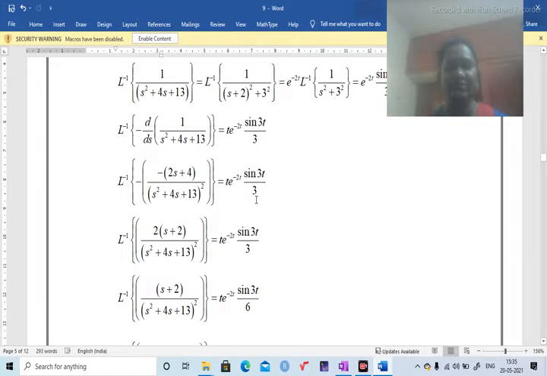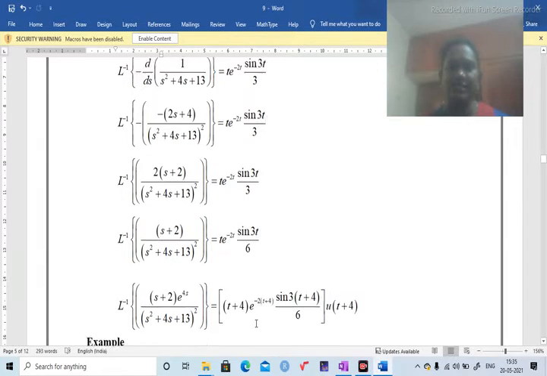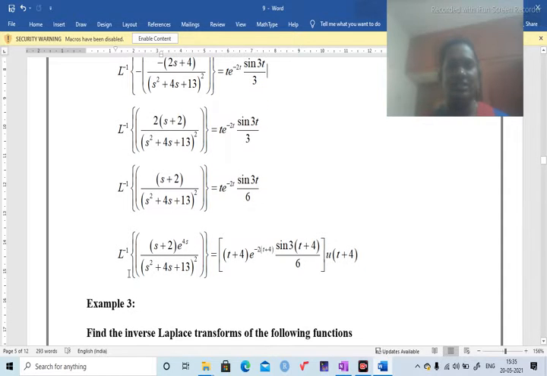Already we have 3, 3 2s are 6. Next, L inverse of (s plus 2) into e power 4s by (s square plus 4s plus 13) whole square. Here plus 4 is there, that's why the answer is (t plus 4) e power minus 2 into (t plus 4) sin of 3 times (t plus 4) by 6 u of (t plus 4). This is by using the Heaviside shifting theorem.